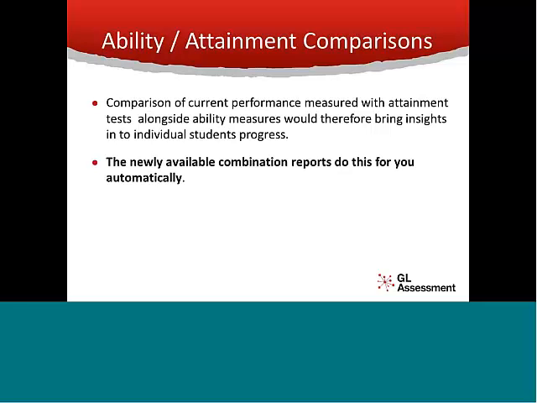And now we're moving towards those combination reports that actually put alongside those scores in ability and attainment, and more than put alongside, actually start to give us an insight as to what's going on. We've actually produced a whole suite of these new combination reports that put these two measures together.